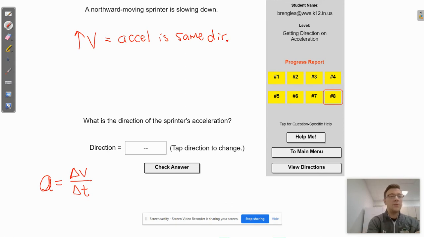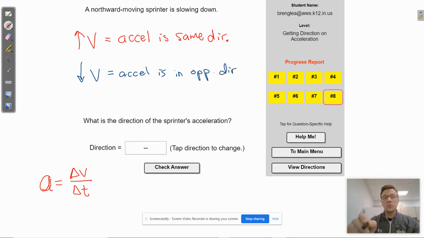Now, if you're slowing down, so decrease in velocity, the acceleration is in the opposite direction. And that's going to be true for any situation.